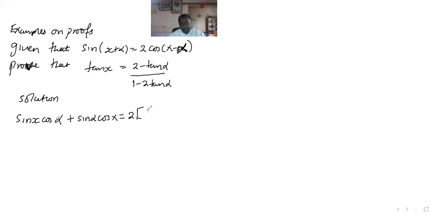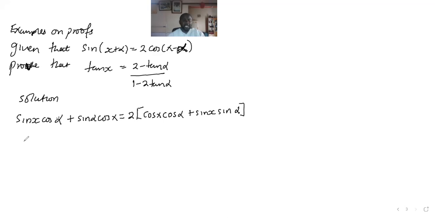Cos x cos alpha plus sin x sin alpha. Lovely. So can we collect like terms like we did in the previous examples?